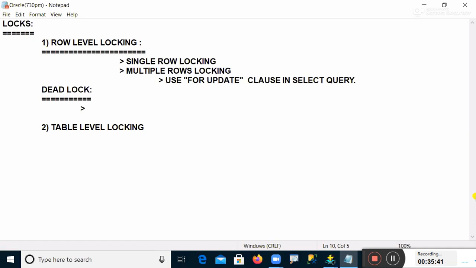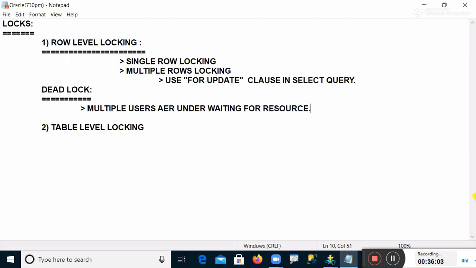Deadlock situations are nothing but multiple users waiting for a resource. Multiple users are waiting for a resource.